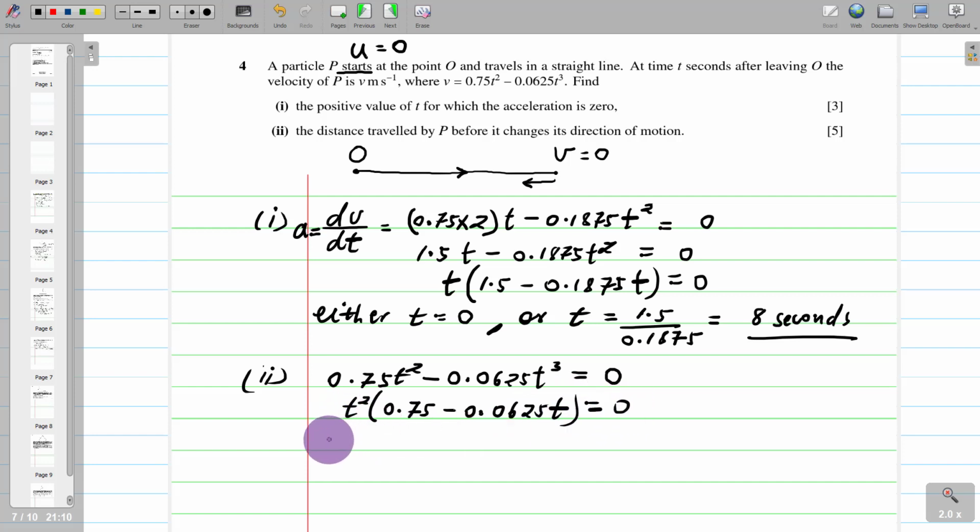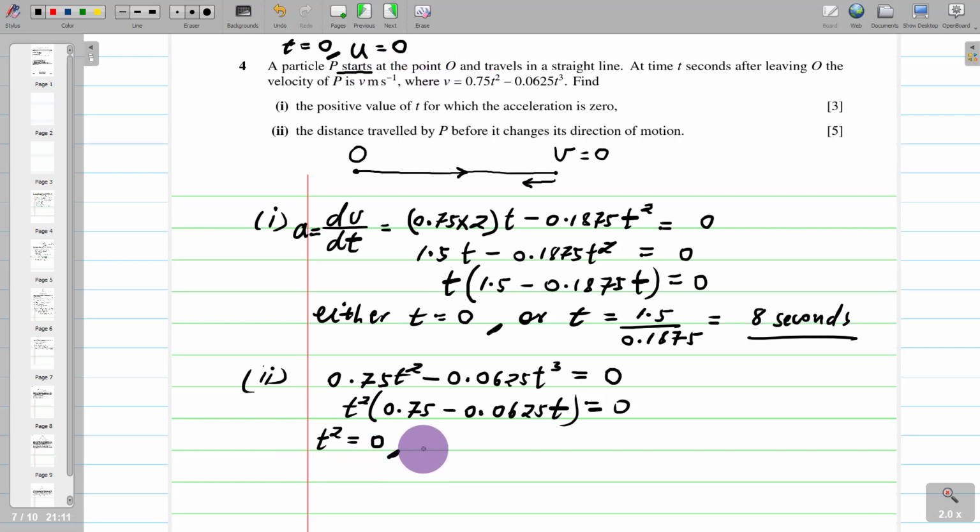So one of the values when the velocity is 0, and of course this is true, is when t squared equals 0, in which case t equals 0. So at the start of it, the particle P starts. This is when t is 0. And indeed, we are able to prove that it actually starts from rest.